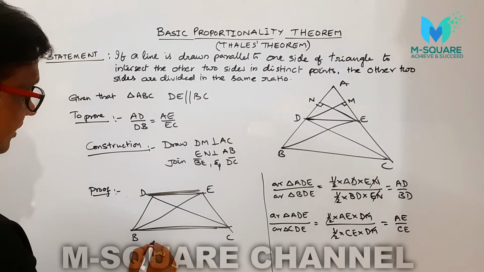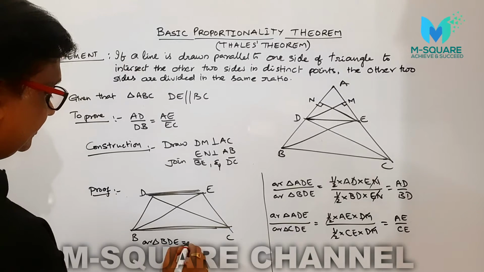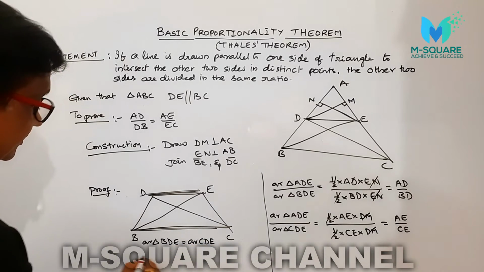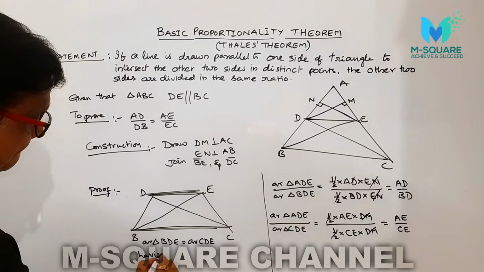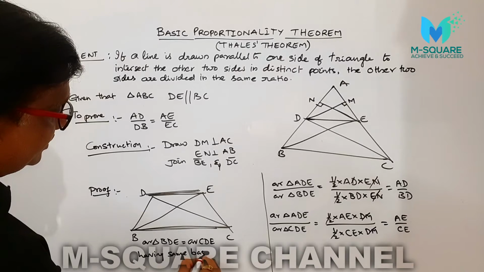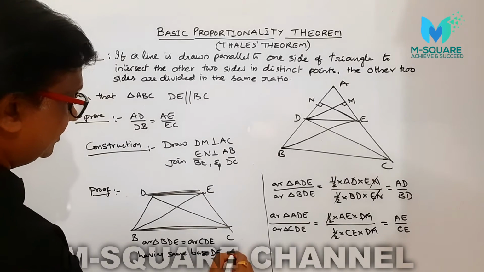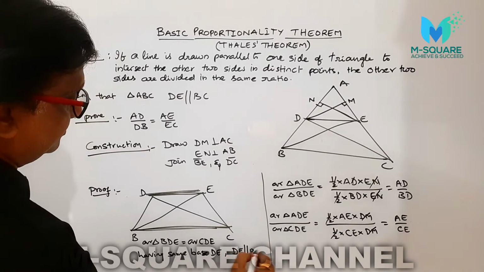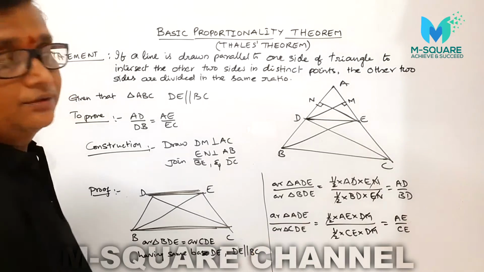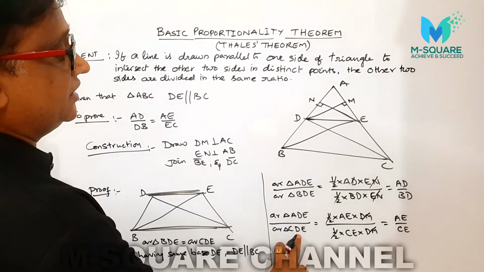So the area of triangle BDE is equal to the area of CDE, because they have the same base DE and lie between two parallel lines, DE parallel to BC. That's why both areas are the same. So these two areas are the same.